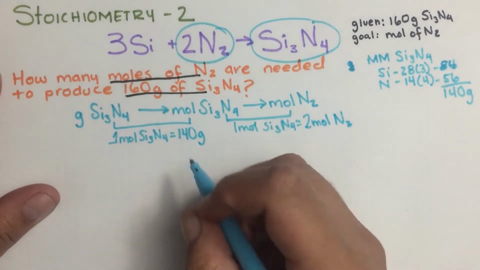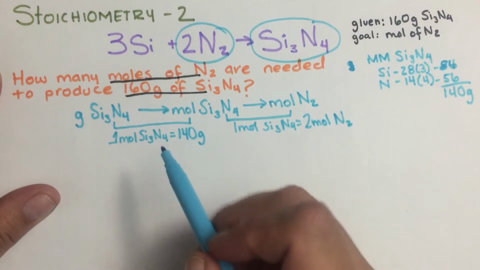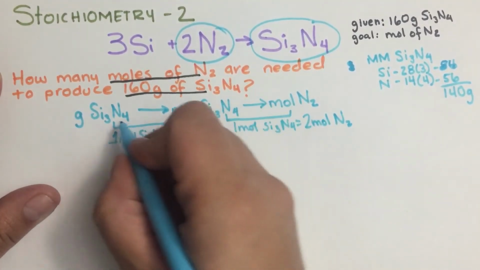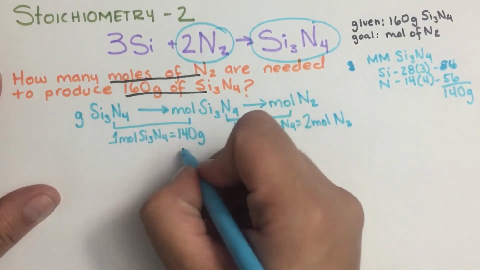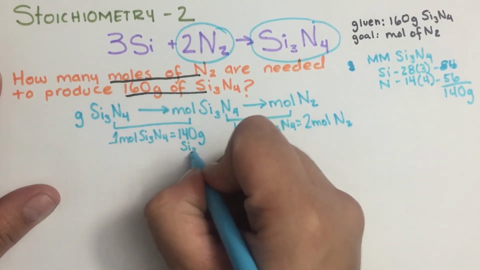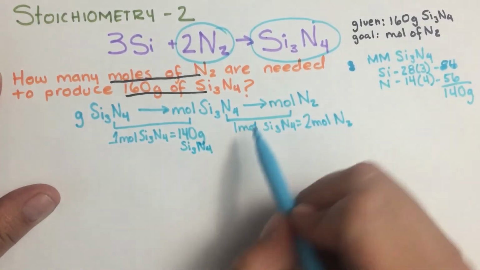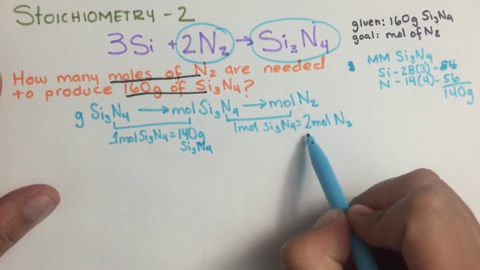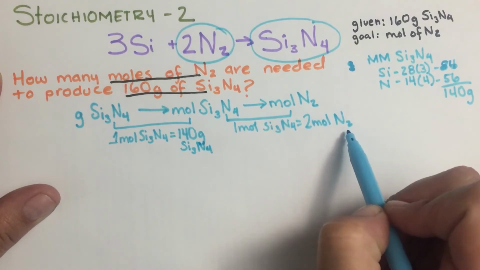So you have your equivalencies ready. This is going to connect moles and grams of the same thing, trisilicon tetranitride. And then this is going to connect the moles of trisilicon tetranitride and 2 moles of nitrogen gas.